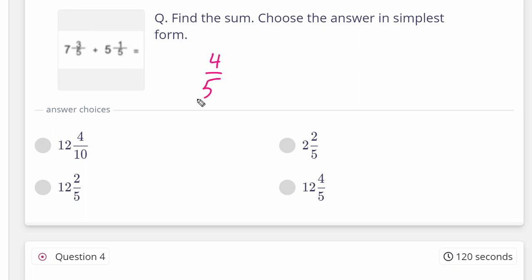And what about the whole numbers? 7 plus 5 equals 12. So the correct choice is 12 and 4/5. Thank you, my hero. Great work. Let's move to the next question.